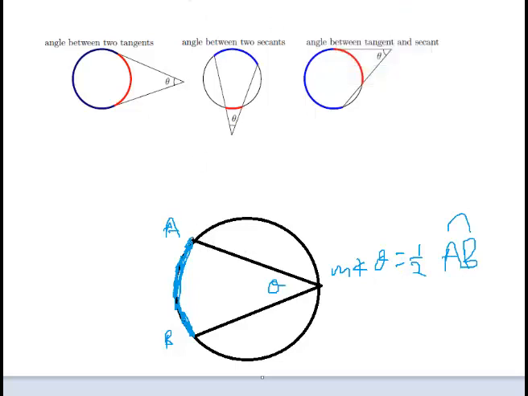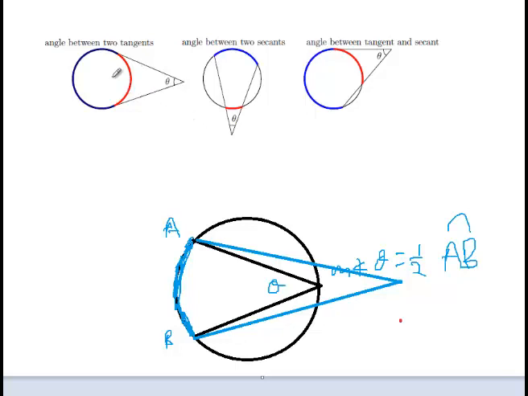If we drew these same lines over here, but we drew them to a point outside the circle over here, well, you can see this angle would obviously be a much smaller angle. And the way you compensate for the fact that it's a smaller angle is you take the arc AB, but you have to subtract this arc in order to get the total. So that's what you do with these top diagrams over here.